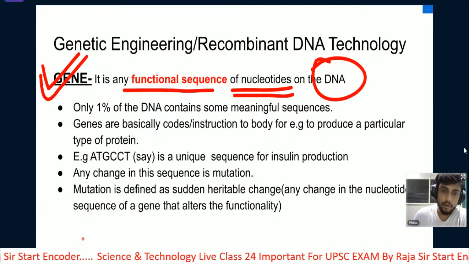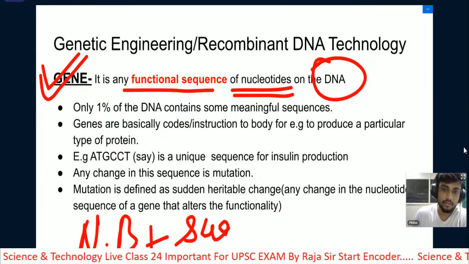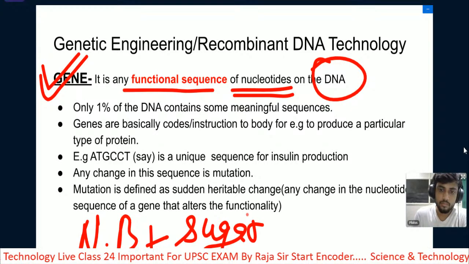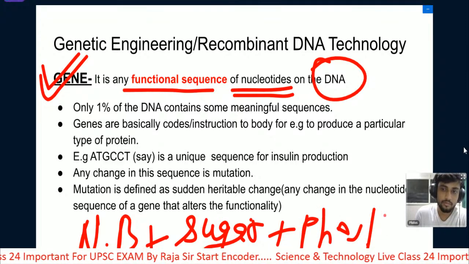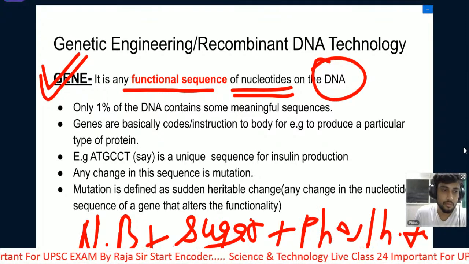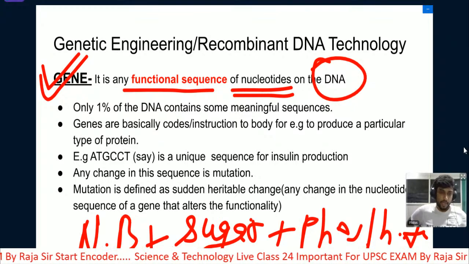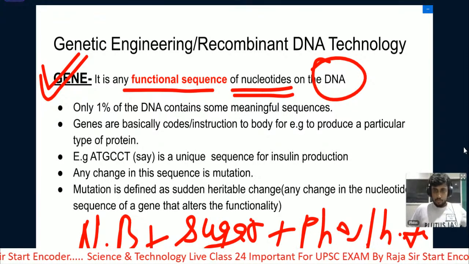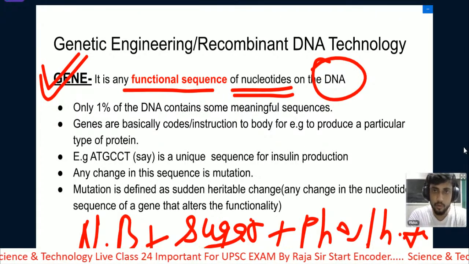The nucleotide was nitrogenous base plus sugar, which is a nucleoside, plus phosphate. So a gene is any functional sequence of nucleotides on the DNA.